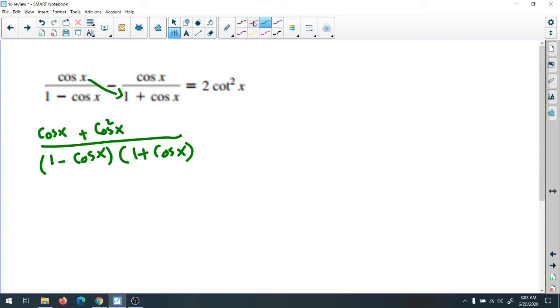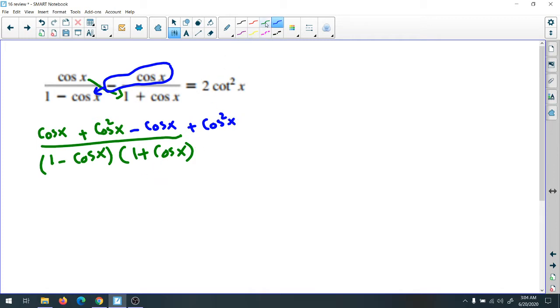And here, be careful, negative cosine times 1 minus cosine: negative cosine times 1 is negative cosine x, and negative cosine times negative cosine is positive cosine squared.